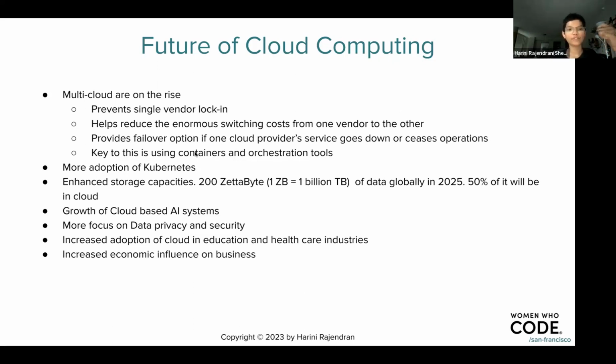You package your application as a container, and you can deploy it anywhere in any cloud. And Kubernetes is just the orchestration layer that's used to manage these containers. So as multi-cloud is on the rise, as more and more companies are managing applications in the form of containers, obviously Kubernetes adoption is also going up hand in hand with that.